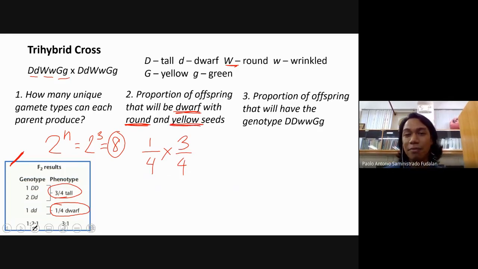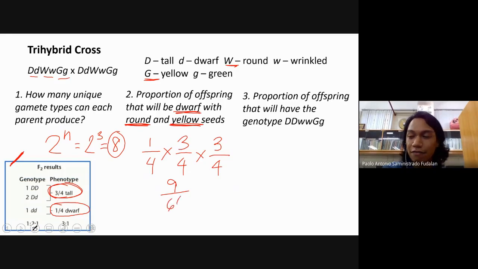Yellow is also a dominant trait, as we can see here, capital G, and dominant traits appear 3/4 of the time phenotypically. So you have these numbers to multiply. 3 times 3, that's 9. 4 times 4, 16, times 4, that's 9 out of 64. So the answer a while ago was also correct.